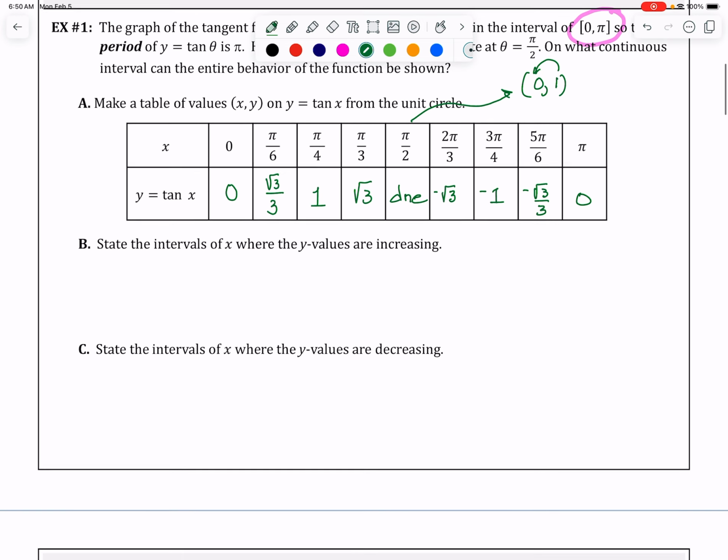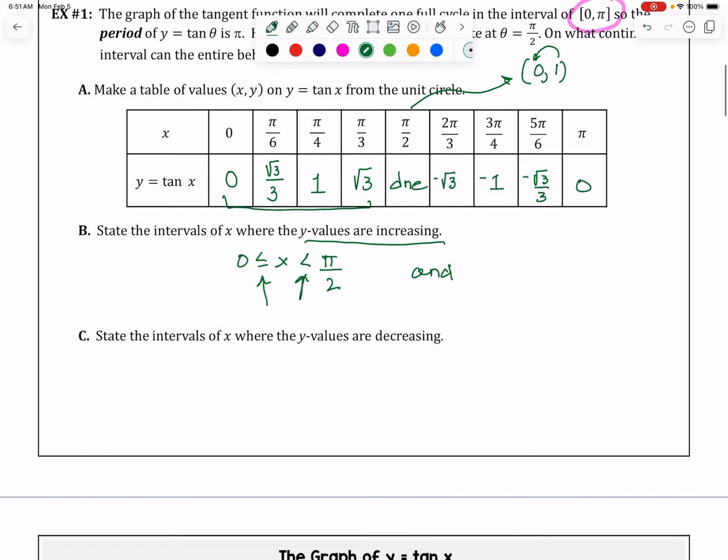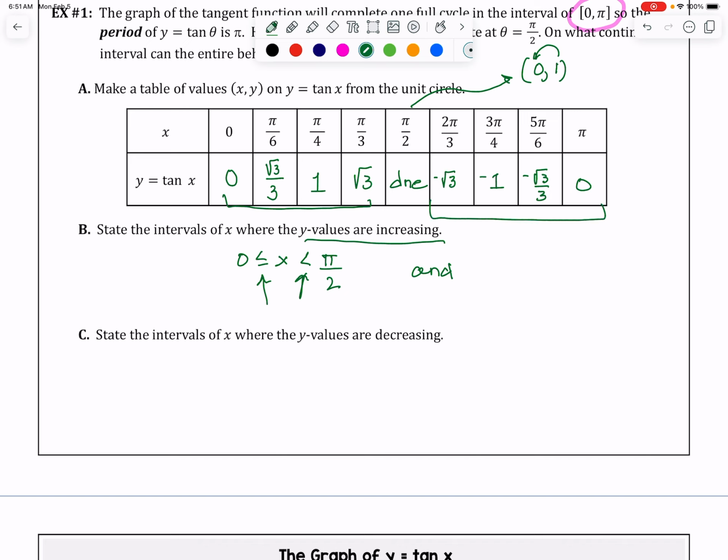Just like we did in the other two, we're going to state the intervals of x where y is increasing. Obviously it's increasing from 0 to pi over 2, but that should not be equal there. Notice my inequalities: equal there, not equal there. It is also increasing from pi over 2 onward.